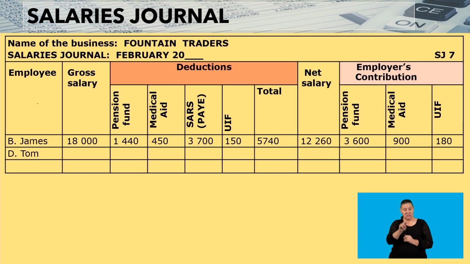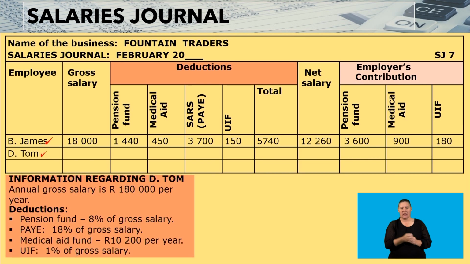As you can see here, we have 2 employees. We have B. James and we have D. Tom. Now, we have space to record for D. Tom. Let's see if we can do that. Here's the information. Regarding D. Tom, they say the annual gross salary is 180,000.